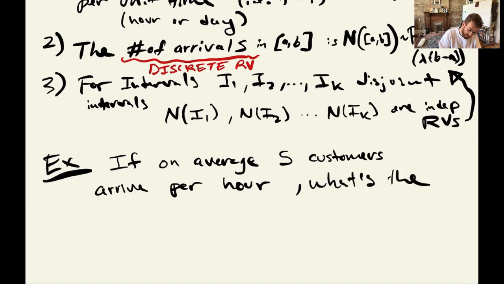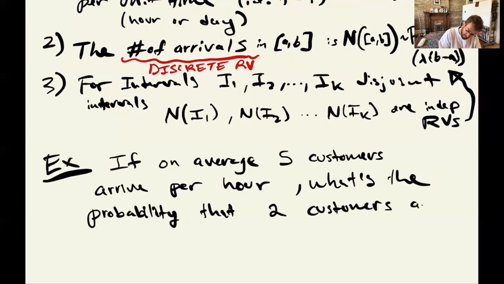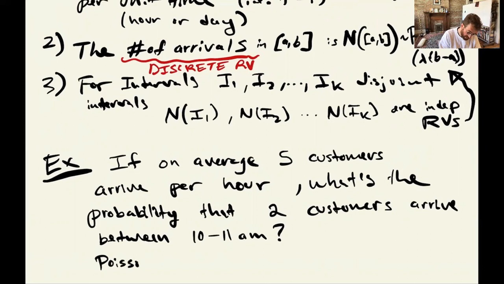what's the probability that 2 customers arrive between, let's say, 10 and 11 a.m.? Well, in this case, we're doing 10 and 11 a.m. So this says that I need to do a Poisson where I'm looking for k equals 2, but where the parameter here is lambda times 11 minus 10, which ends up being 1 because I just gave 1 unit of time.